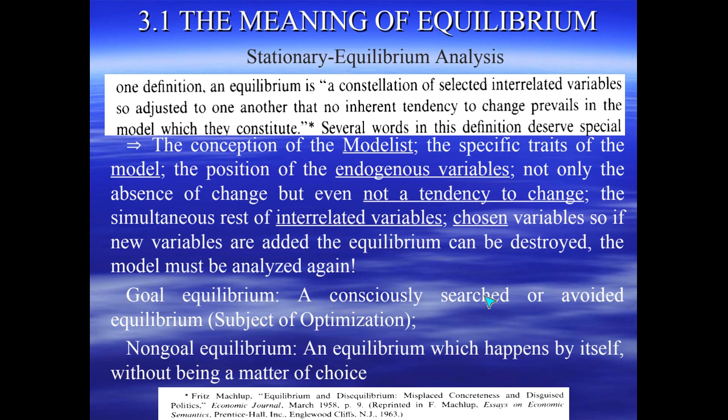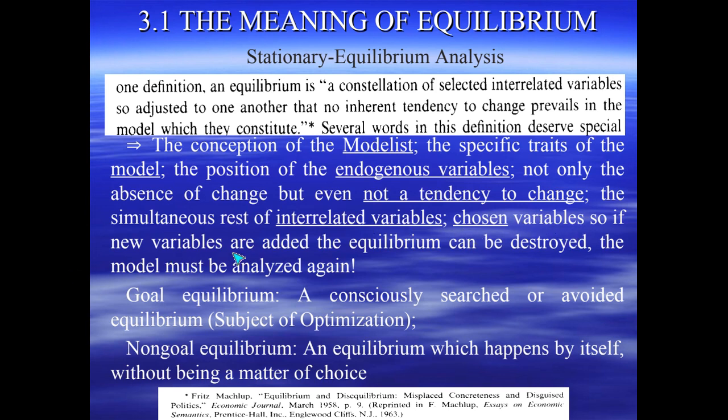It's our choices which define whether a variable is endogenous or not. So the position of the endogenous variables: not only the absence of change, but not even a tendency to change. You see, there shouldn't be even a tendency to change. Not only that, the variables shouldn't change. And the simultaneous rest of interrelated variables. They should be interrelated, not standing alone.